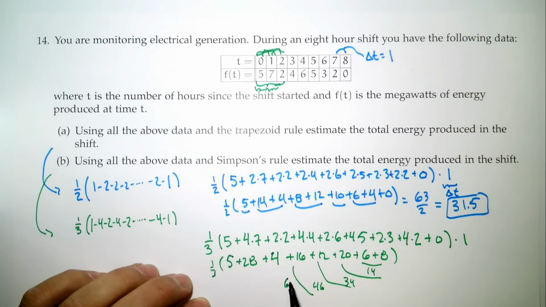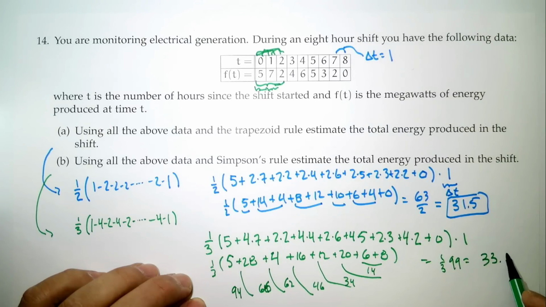Plus 16, that makes 62. And plus 4 more makes 66. Plus 28, that's 94, plus 5 more makes 99. So 1/3 times 99 makes 33.